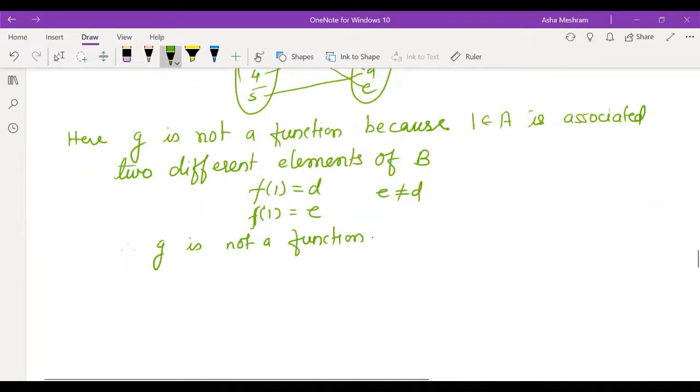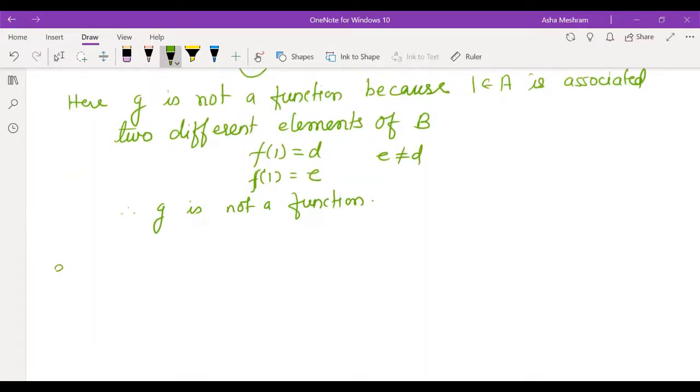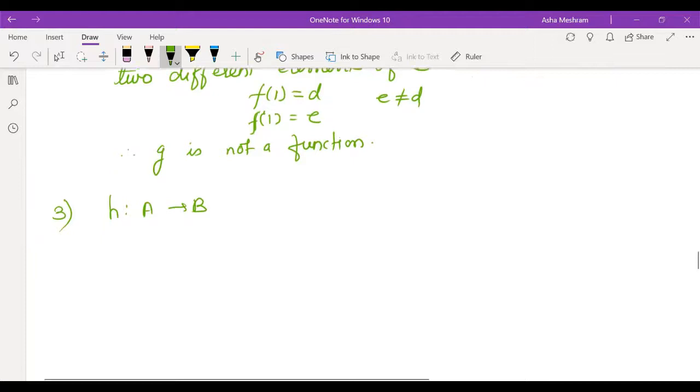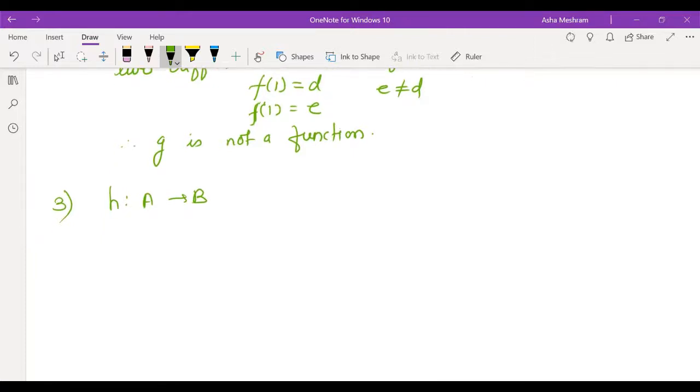And now the last one is the third rule, H from A to B, and we have to check whether it is a mapping function or not.